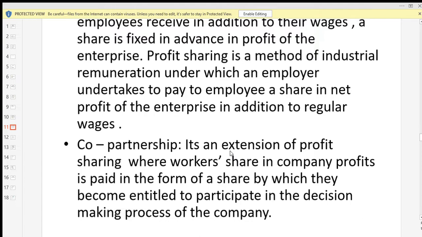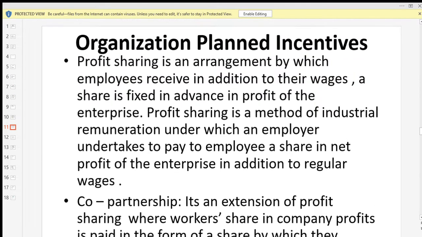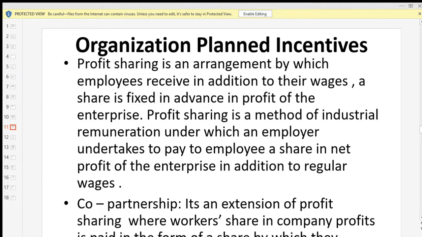For example, if you're a shareholder, your share of profits will not be like the share of profits of other employees. So those are organization-based incentives: profit sharing, then co-partnership.